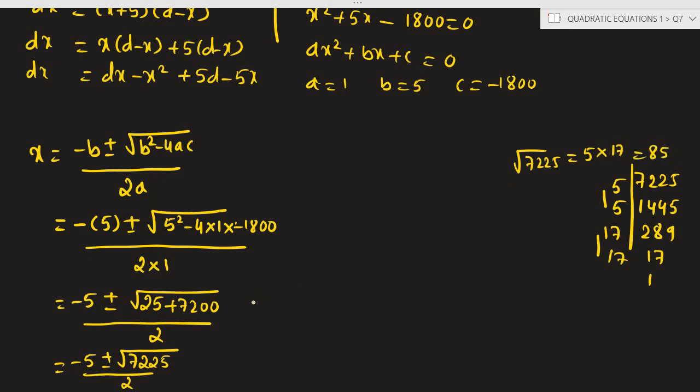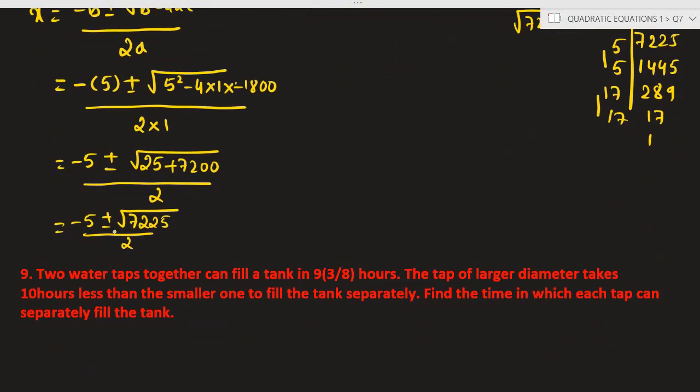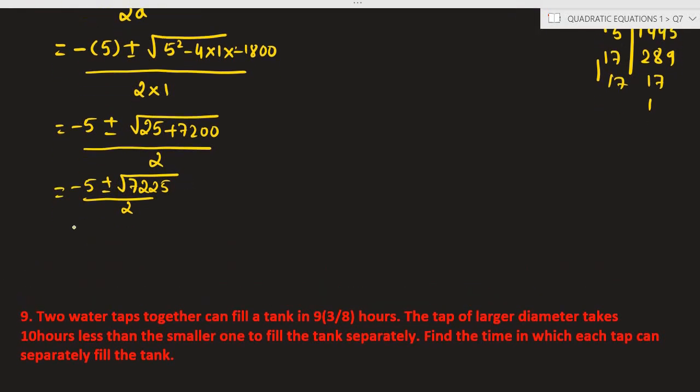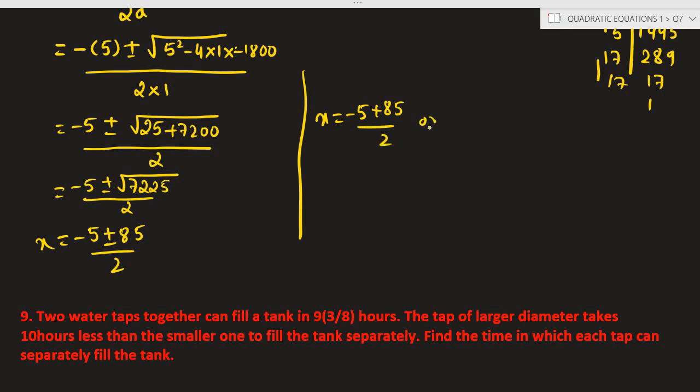See, therefore what is the answer now? I'm writing here x is equal to minus 5 plus or minus 85 divided by 2. Therefore x is equal to minus 5 plus 85 divided by 2, or x is equal to minus 5 minus 85 divided by 2.